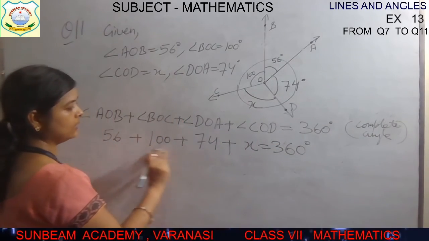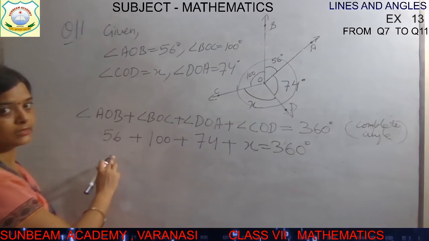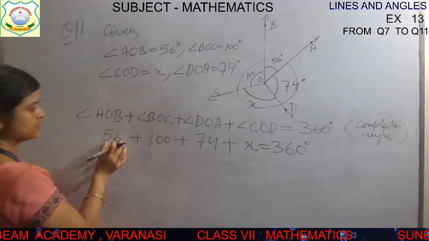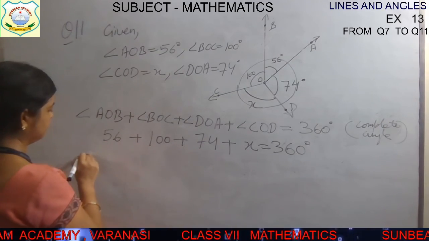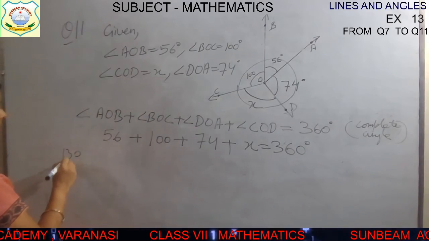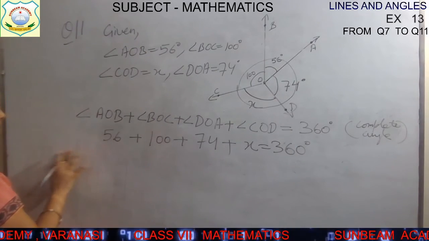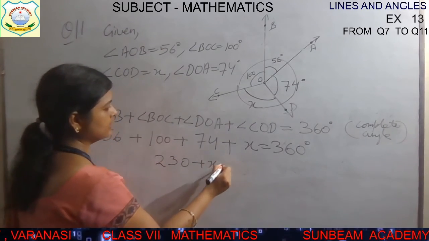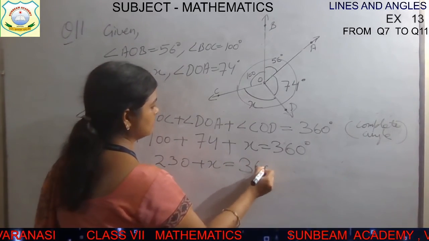Now add all the numbers. Just add all the numbers and tell me the answer. 100 and 100, 56. 6 plus 4, 10. Okay. And 7 plus 5, 12 and 130. 130 plus 100, 230. 230 degree plus X is equal to 360 degree.